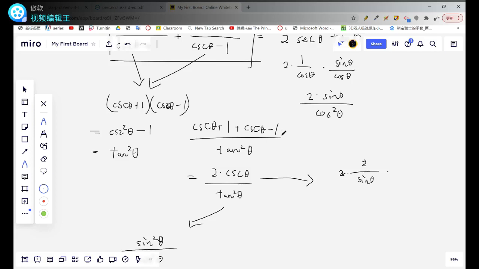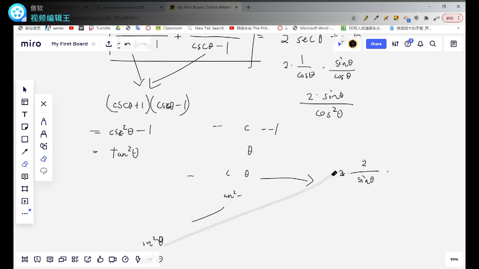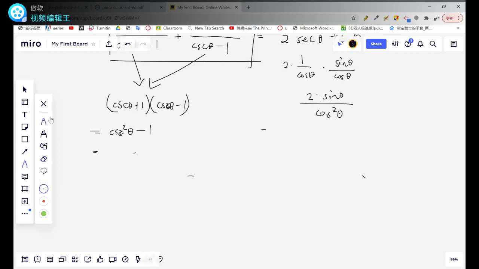Wait, actually, I made a stupid mistake. I just made a lot of stuff incorrect. Okay, it's a simple mistake. This is actually not tangent, this is cotangent, not tangent. That's why I felt like something was going wrong. So this is basically just cotangent squared theta. Don't forget the square.